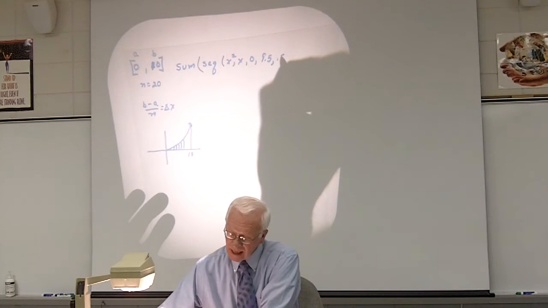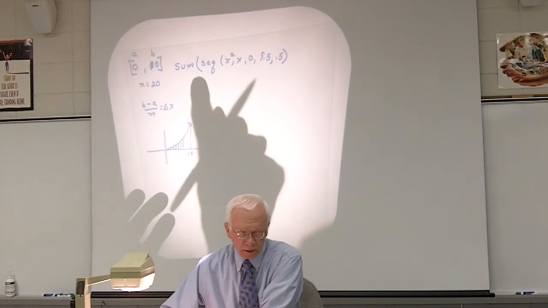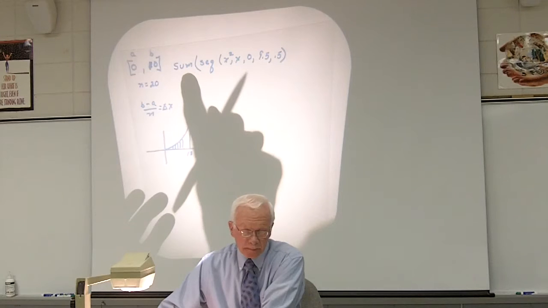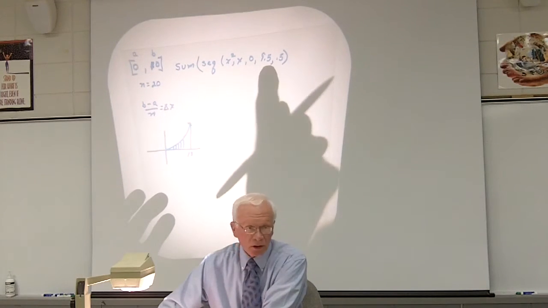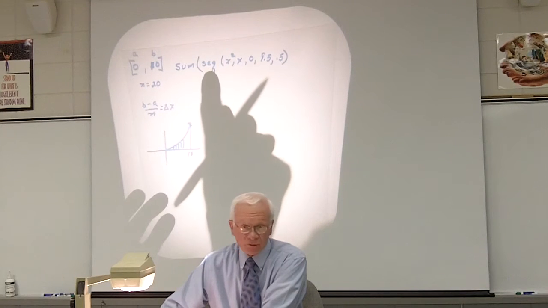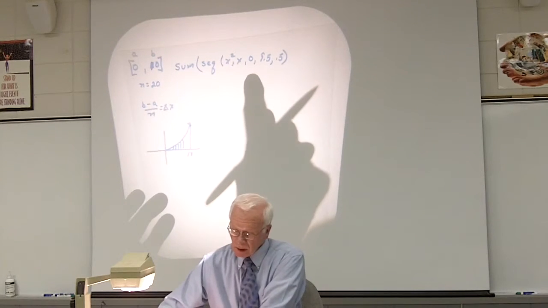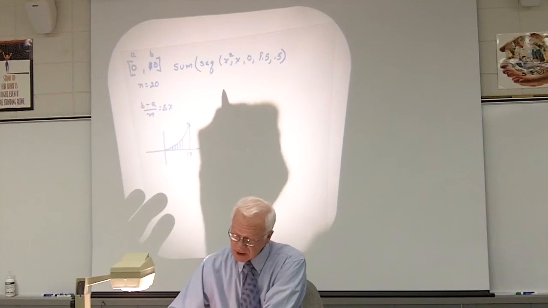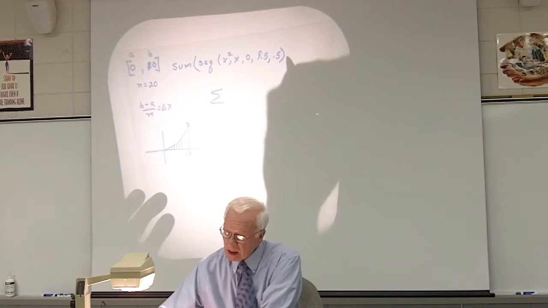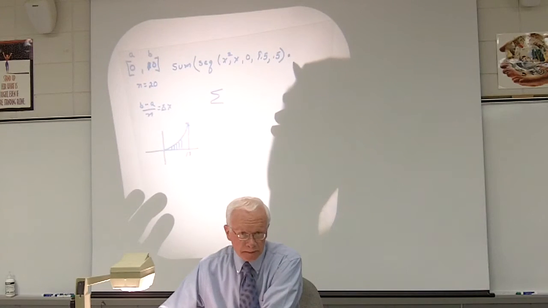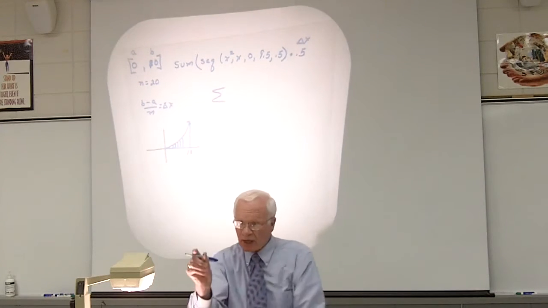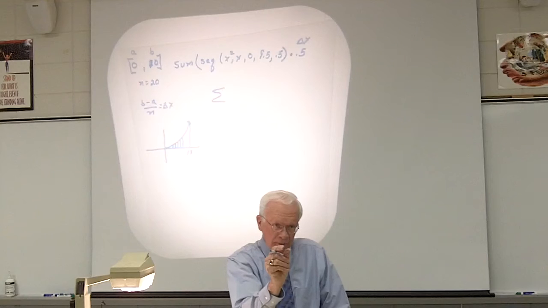It's 0.5. This is my calculator first doing my sequence, and I have 20 numbers in a sequence, and it sums them for me. It does this stuff for me. And now I'm going to multiply by what? 0.5. That happens to be my delta X, or the width of all these little Riemann sums.